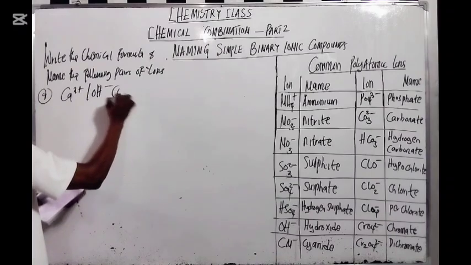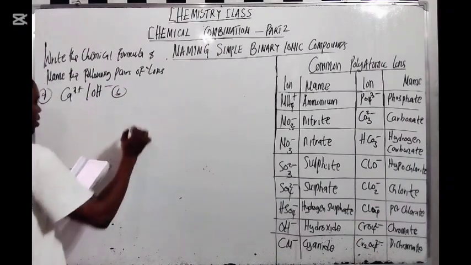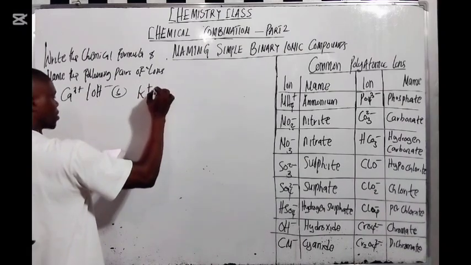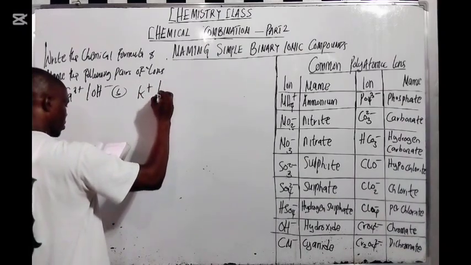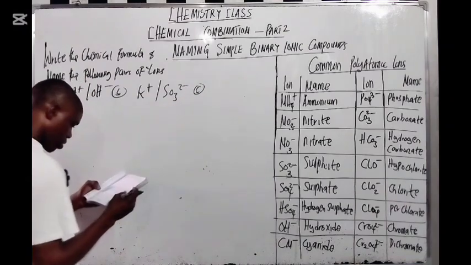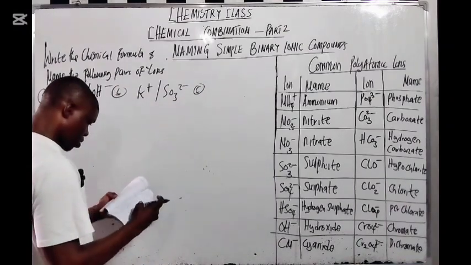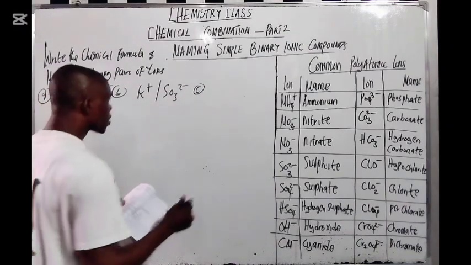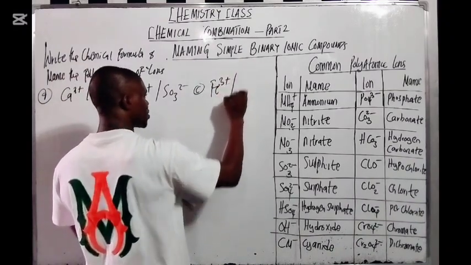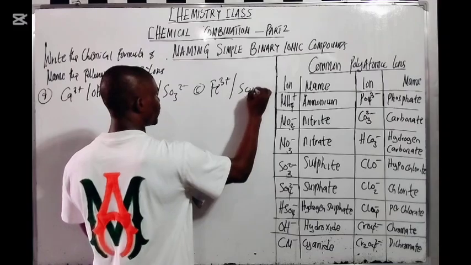B, K+ slash SO3 2−. C, Fe3+ slash SO4 2−.